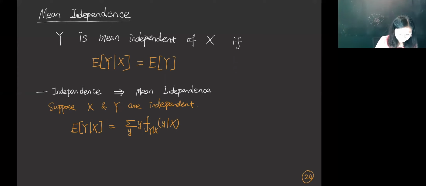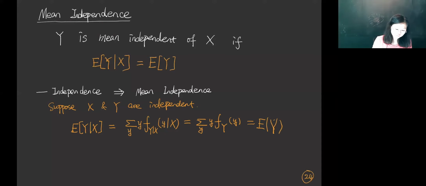But remember, under independence the conditional PMF equals the marginal PMF. So that equals the sum over y with the weight being the marginal PMF. And the weighted average with the weight being the marginal equals the marginal mean, or the unconditional mean of y. So independence implies mean independence.